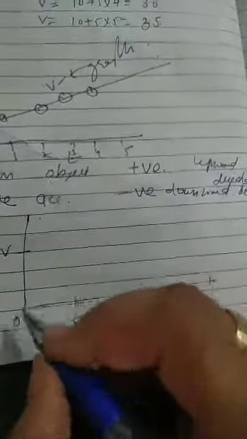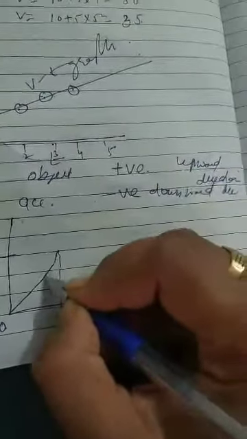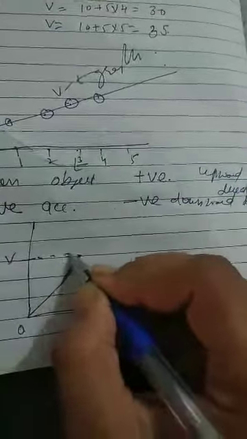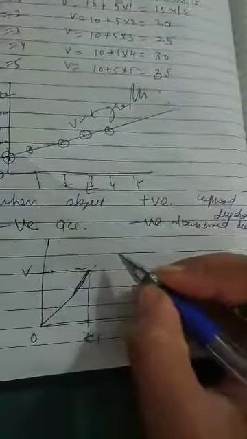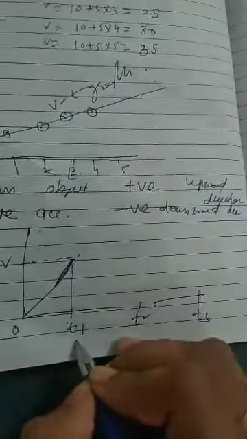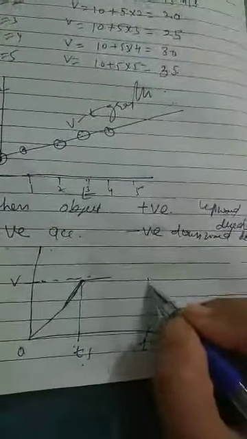From 0 to t1, it will accelerate up to velocity v. It will be uniformly accelerated, meaning the slope is positive, in the upward direction. Clear? Then from t1 to t2 it will remain at the same velocity.